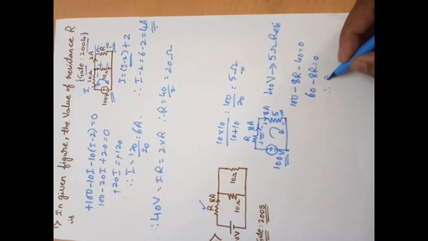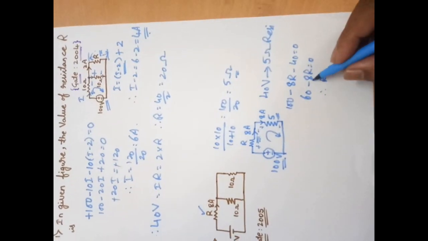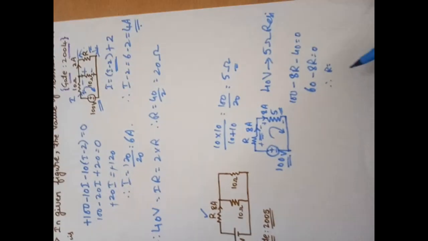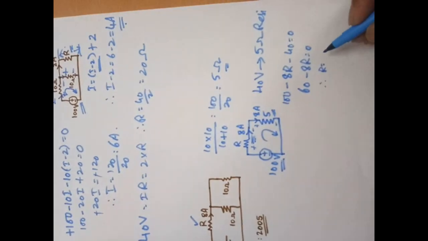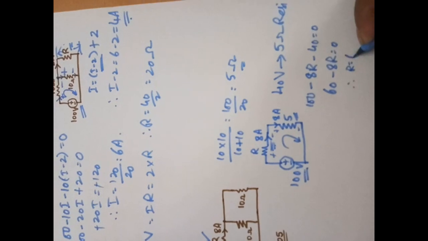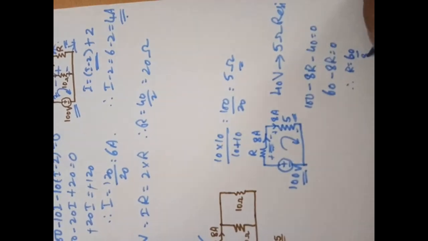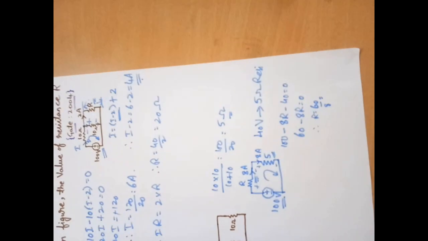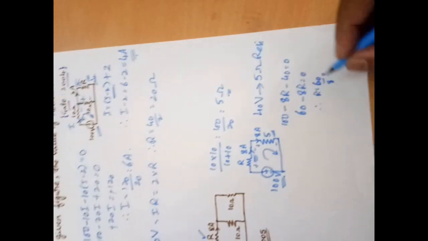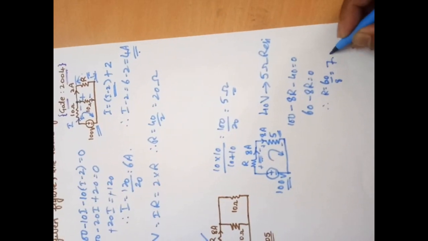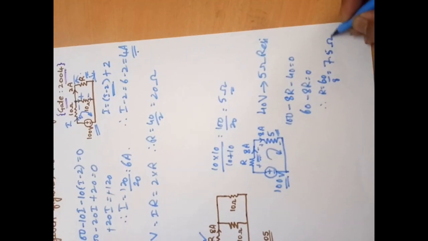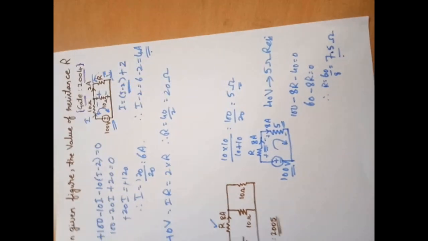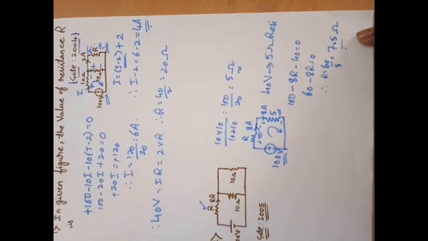Therefore, taking it to the right hand side, we get 60 equal to 8R, so R will be equal to 60 by 8. If we simplify that, we get 7.5 ohm. So the result for this given question is 7.5 ohm.